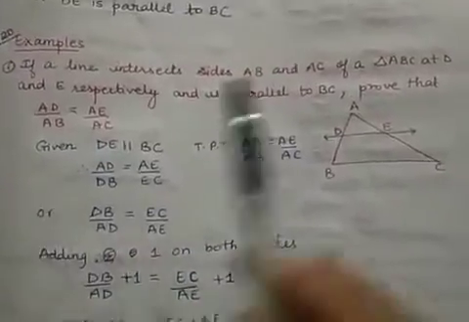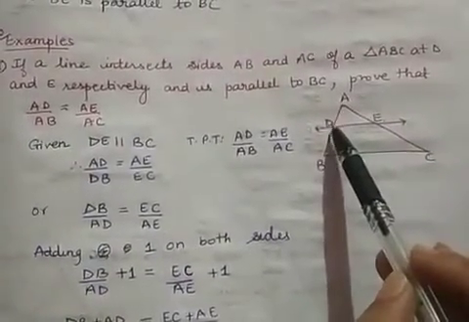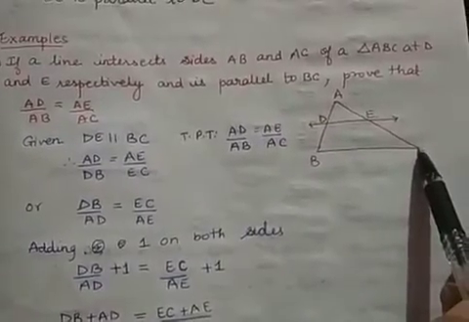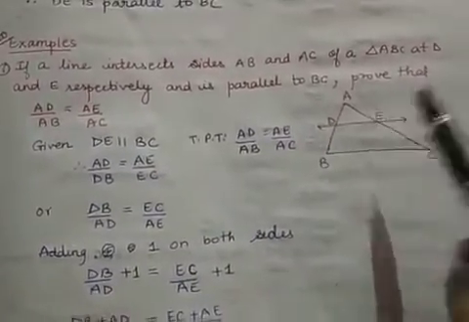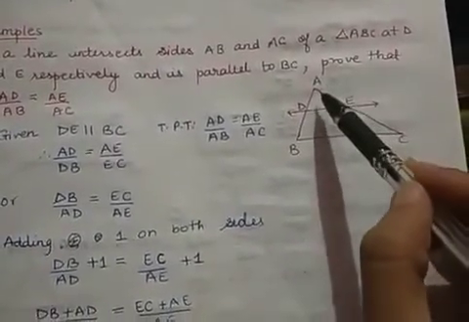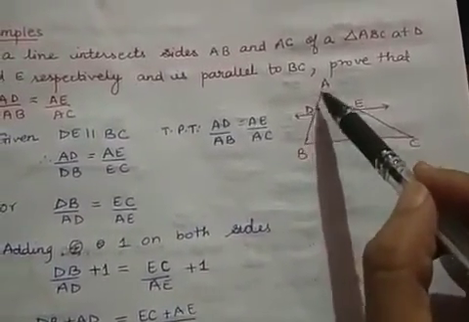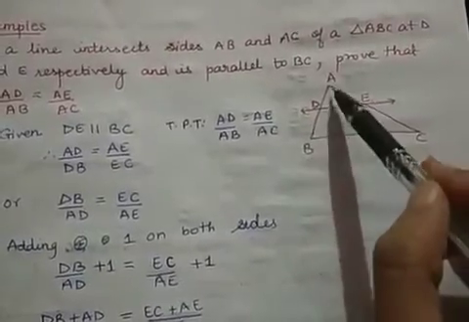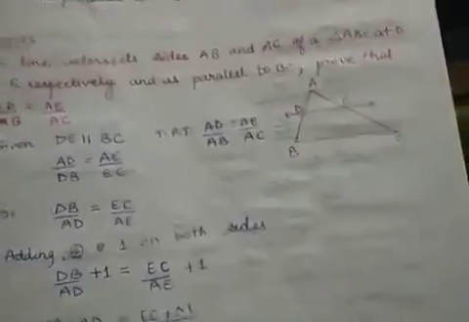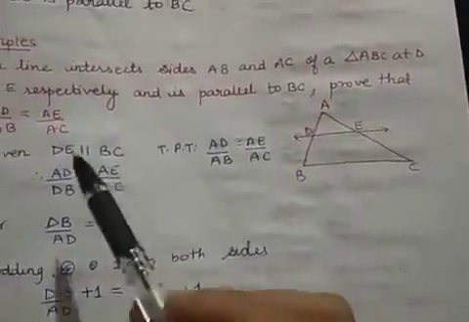So let us see what is given to us. It is given that line DE is parallel to line BC, and you have to prove that AD upon AB is equal to AE upon AC. Now let us see how this can be solved.